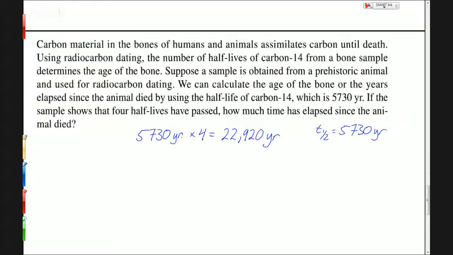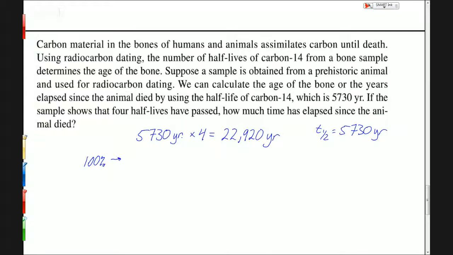How much carbon-14 would be left in the sample when it was analyzed? Well, initially it was at 100%.